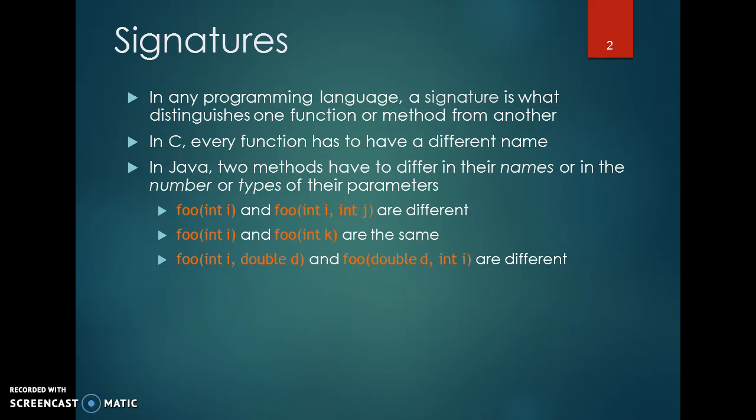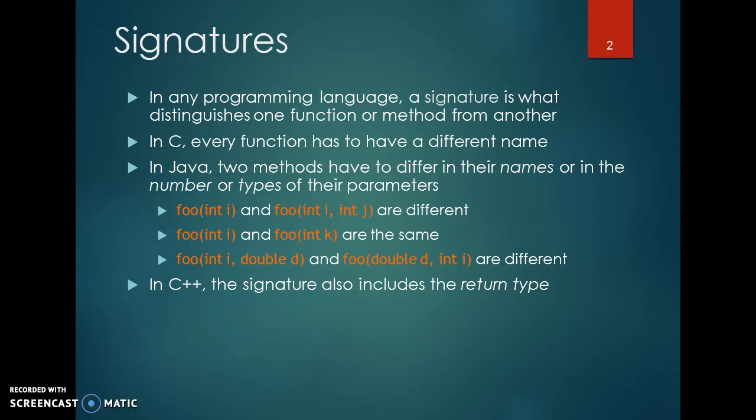For another one, the name of the method is foo, and it takes two parameters. One is of type integer and one is type double, and the order is int then double. And another method which takes one double and one integer, in the order double and integer, they are different.